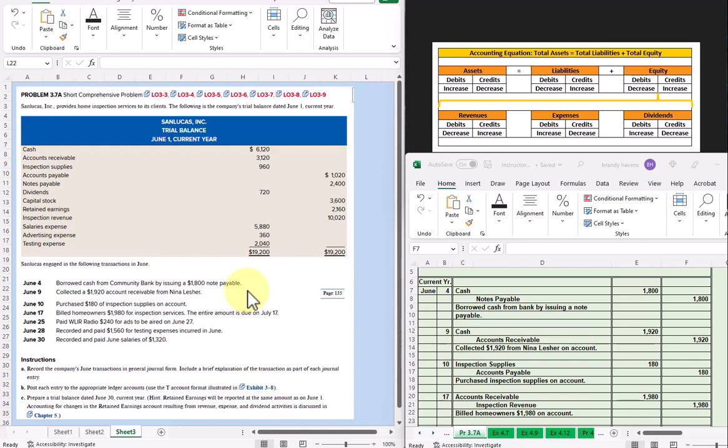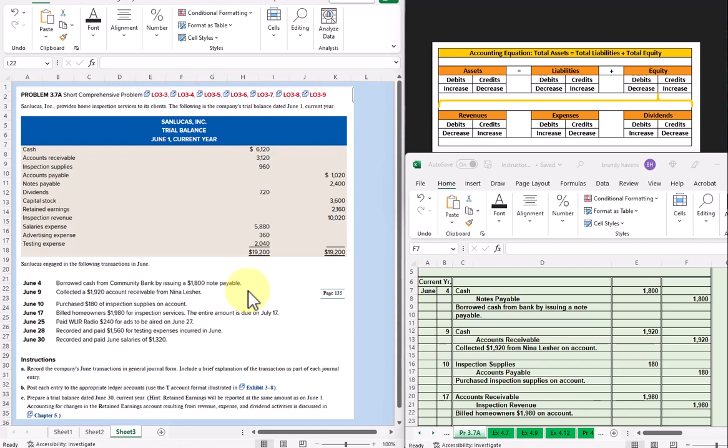When we are journalizing transactions, we have to remember that every transaction is going to affect at least two general ledger accounts. We're going to have at least one debit and at least one credit, and total debits and credits must be equal. So with that in mind, let's ask ourselves what happened on June 4th.